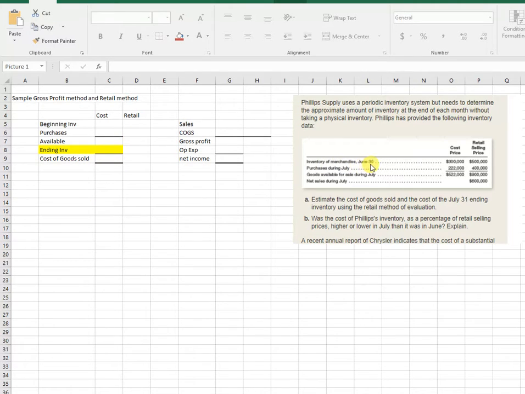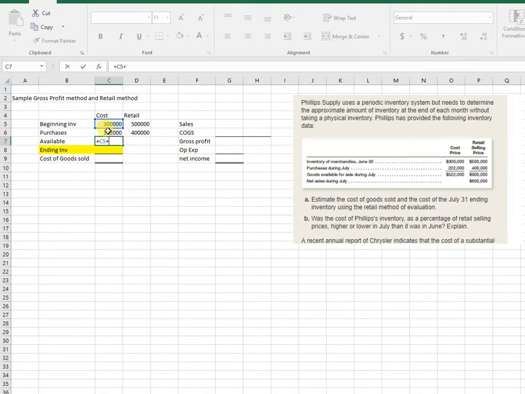So I have merchandise inventory June 30th. It cost me 300,000, and at retail it was 500,000. So I know this because I have my records. I had purchases during the year of 222,000 at cost and 400,000 at retail. And then I had goods available for sale.